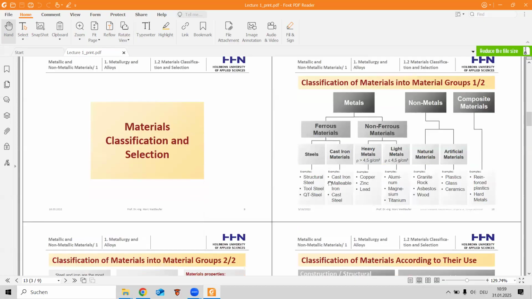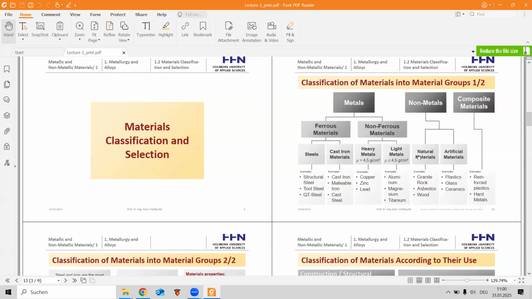Material classification and selection. For metals, we have ferrous materials and non-ferrous material. In ferrous material, we have very common steel and cast iron materials. Examples of steels are structural steel, tool steel, heat treatable steel. In cast iron material, we have cast iron, malleable iron, and cast steel.